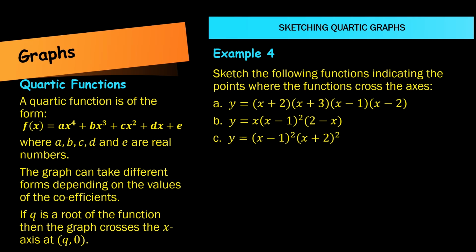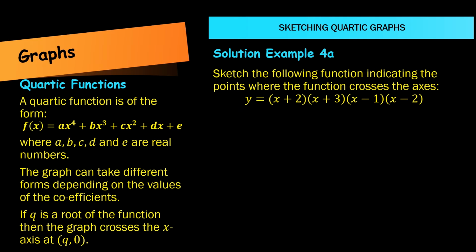Now let's take a look at an example. Pause the video and have a go. Press play when you're ready to view the solutions. So let's solve example 4a. We are required to sketch the function y equals x plus 2 times x plus 3 times x minus 1 times x minus 2, indicating the points where the function crosses the axes.